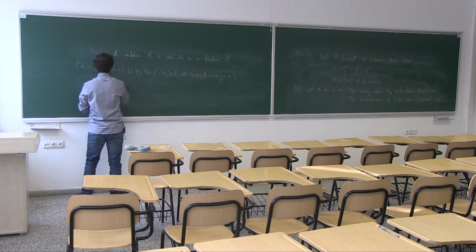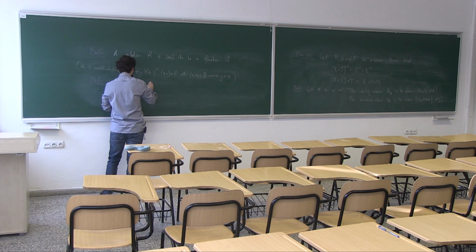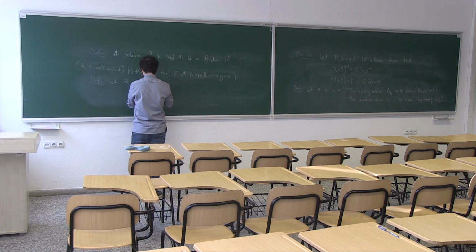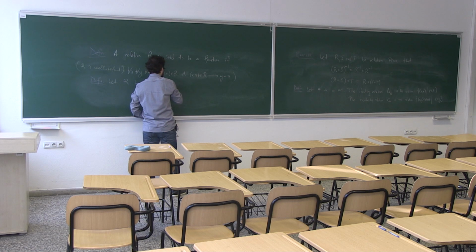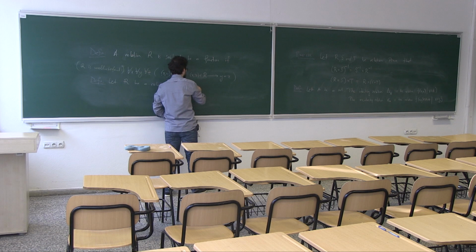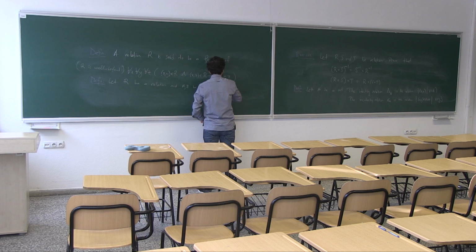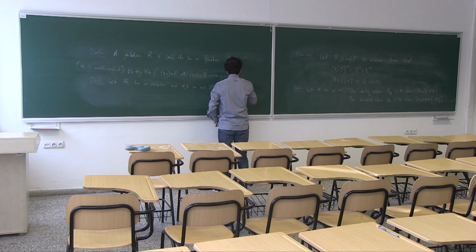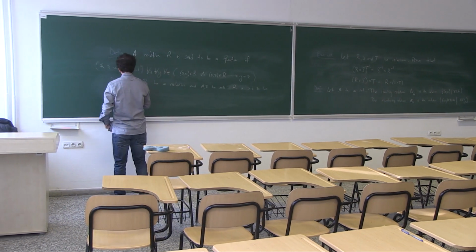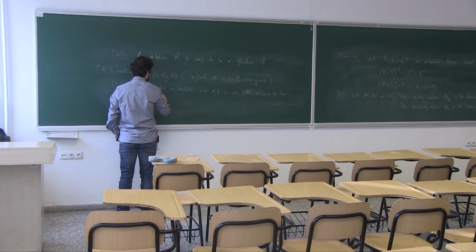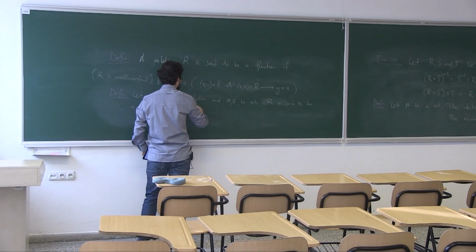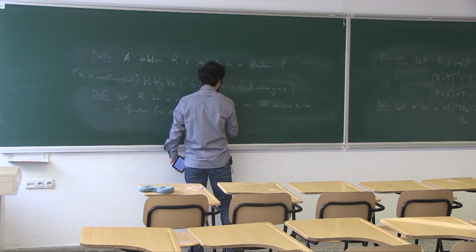So, let R be a relation and A, B sets. Then, well, R is said to be a function from A to B if, first of all, it should be a function.